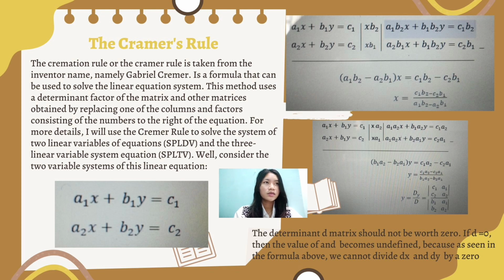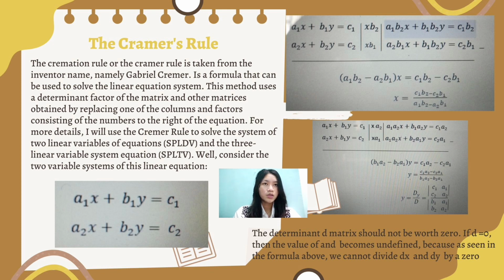The method uses the determinant of the matrix and other matrices obtained by replacing one of the columns with the column consisting of the numbers on the right side of the equations. For more detail, I will use Cramer's rule to solve a two-variable linear equation system (SPLDV) and a three-variable linear equation system (SPLTV).